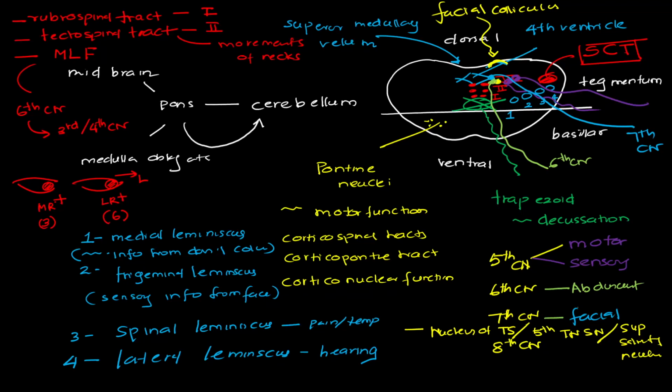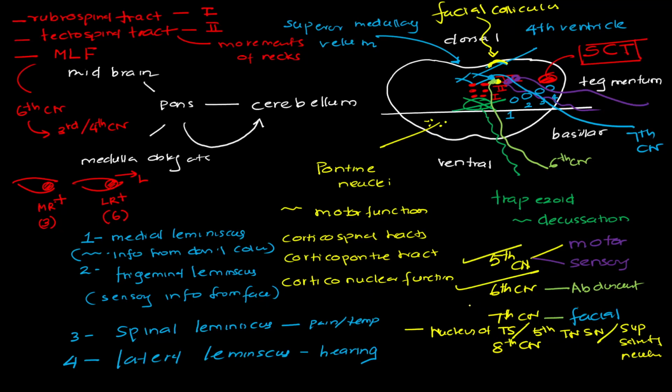The salivary glands include the submandibular, the sublingual, as well as the parotid glands, right? So this carries information, and what it does is that it secretes saliva. Good. So the seventh cranial nerve has multiple functions.